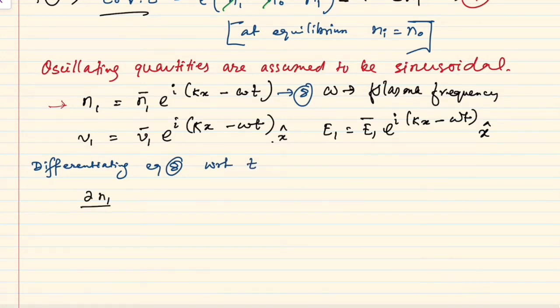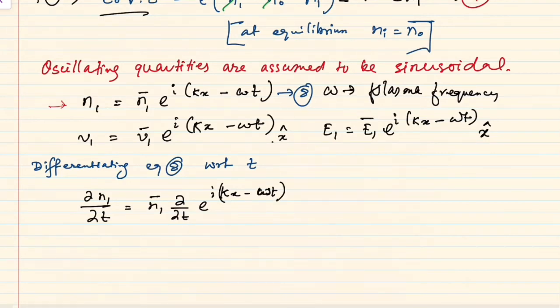Del n1 by del t is equal to, if you differentiate the right hand side, then what will we get? You know how to perform the differentiation. So then we will get n1 bar, del t of exponential e to the power i(kx minus omega t).